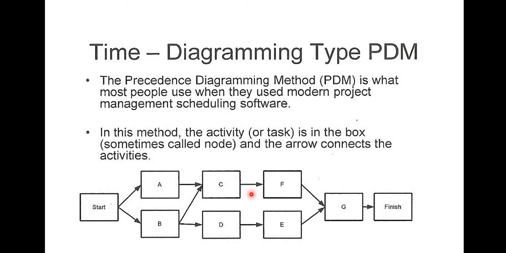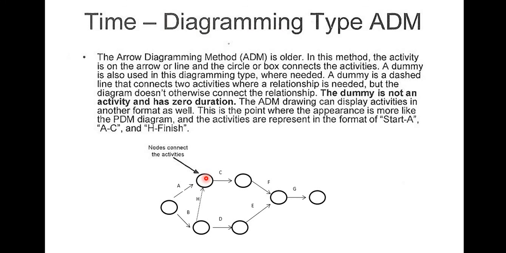This is an example of the PDM, that is also known as activity on node. Each activity is represented by a box, which is also known as a node. So that's where the name activity on node comes from. And this is an example of ADM, which is also known as activity on arrow.